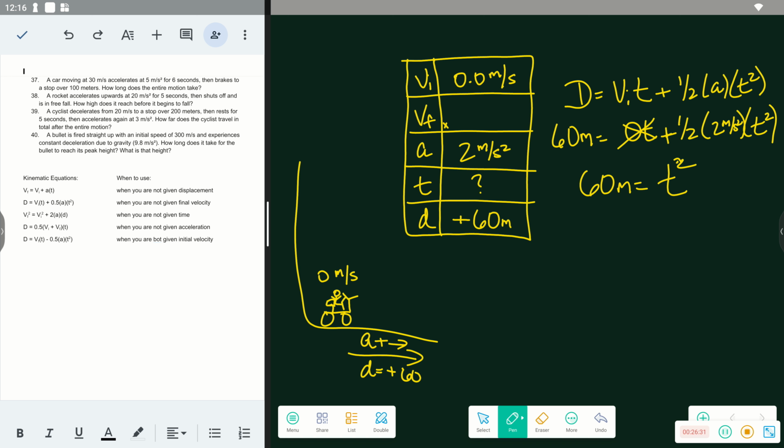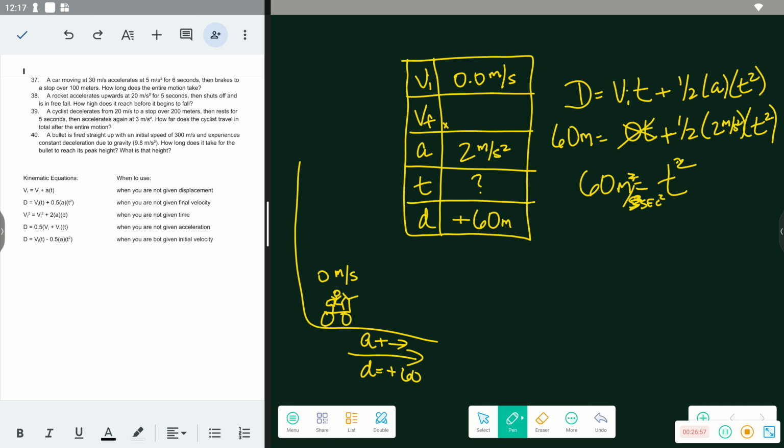No. How could that be our answer? It can't be our answer, okay? So what you're going to be left with is you have meters over seconds squared.